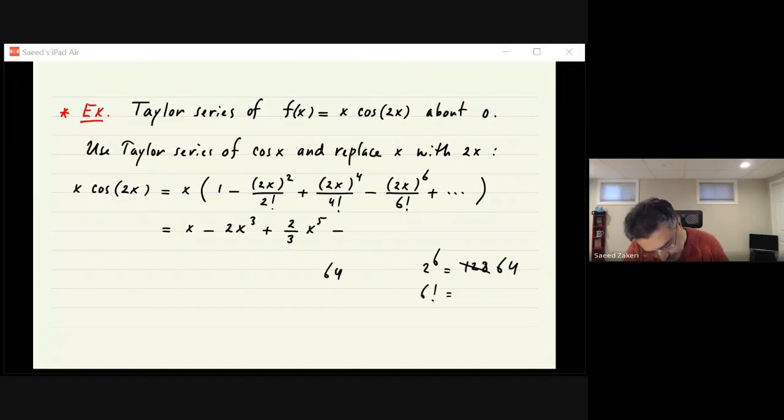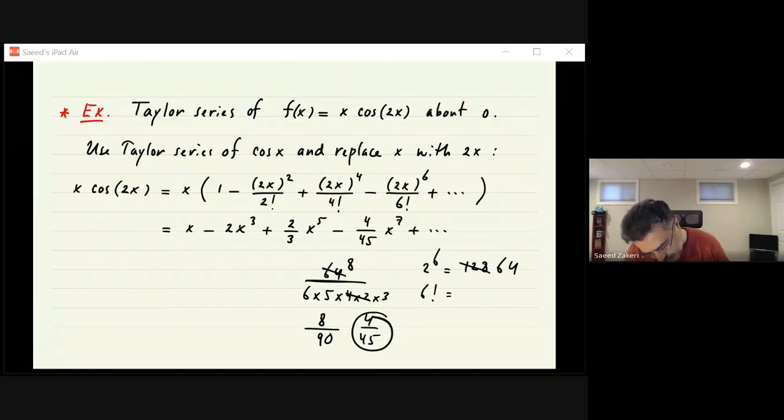So 64 divided by 6 times 5 times 4 times 3 times 2. So that's 8 over 90, right? Which is 4 over 45. So this is 4 over 45 x to the power 7 plus etc., etc.